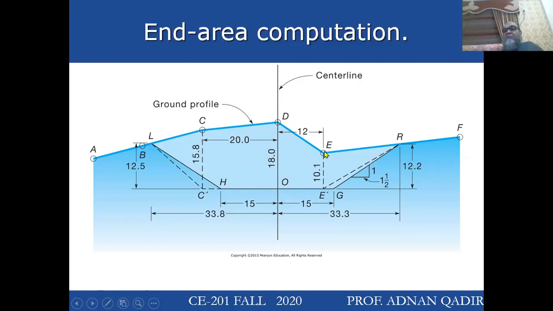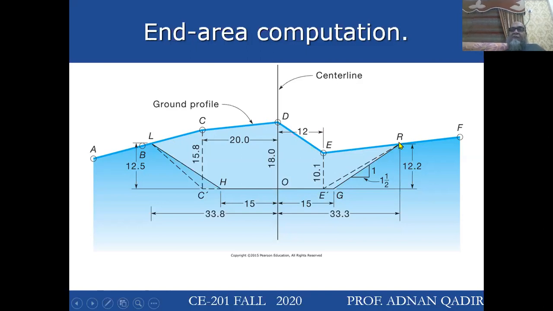I move on to this point E. Now the X coordinate is plus 12 and Y coordinate is 10.1. And if I want to calculate the coordinate of R, because this is the figure, the order will be L, C, D, E, R, G, O, and H.